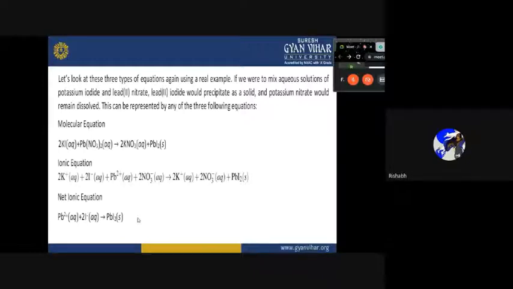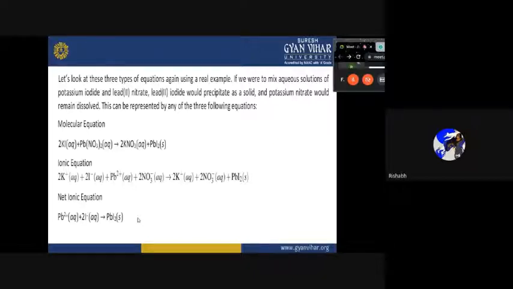Now, the third representation is the net ionic equation. From the ionic equation, we can remove the spectator ions, and only the ions that are changing or participating in the reaction will be present in the net ionic equation.